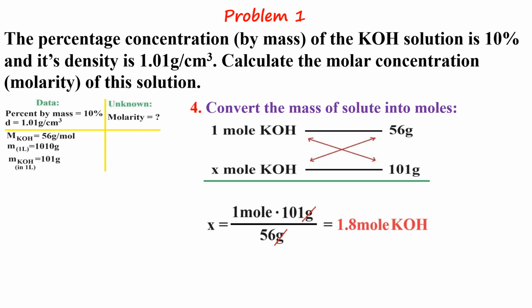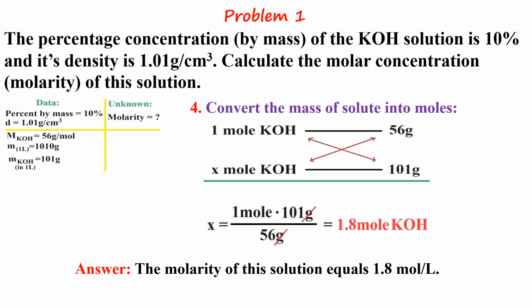So X equals 1.8 moles of potassium hydroxide. Now we know that 1.8 moles of the solute are in 1 liter of solution, so we have the molar concentration, molarity of the solution.